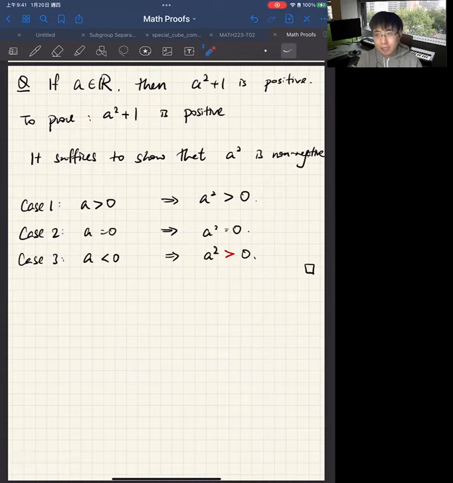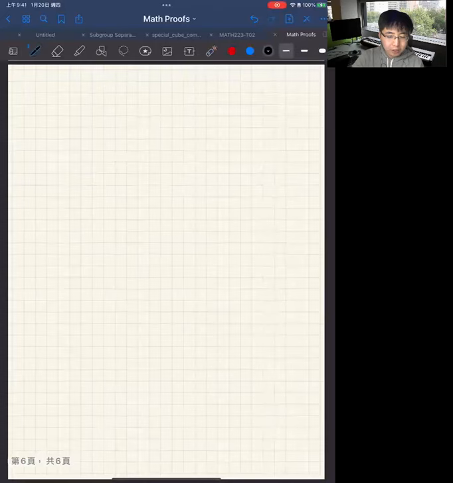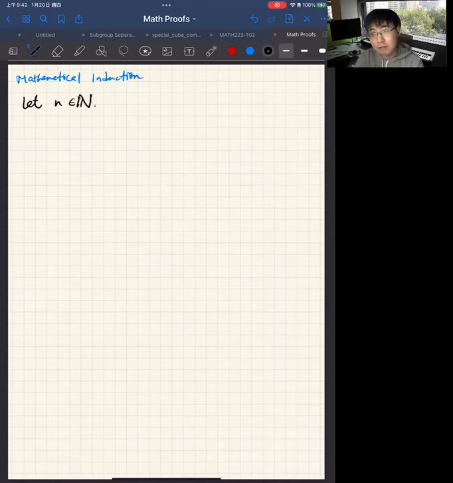So last but not least, we are going to introduce MI, mathematical induction, which is also essential for your study. So let n be a positive integer.